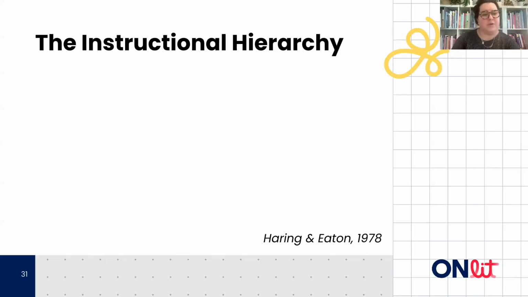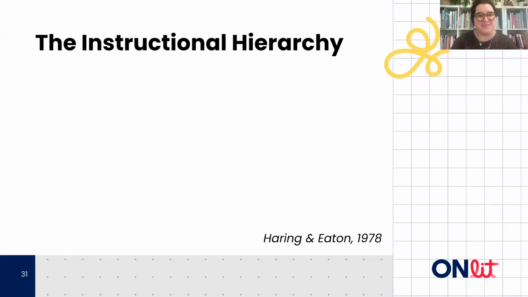So we'll walk briefly through the instructional hierarchy. And this is a framework. You can see it's not a new framework, but it's a framework that was identified in the research several decades ago, but has been replicated for decades. And it's a predictable structure or framework that we go through when we learn something new.